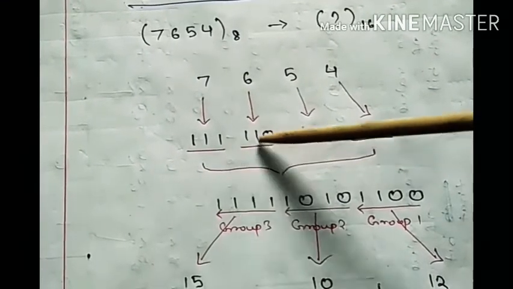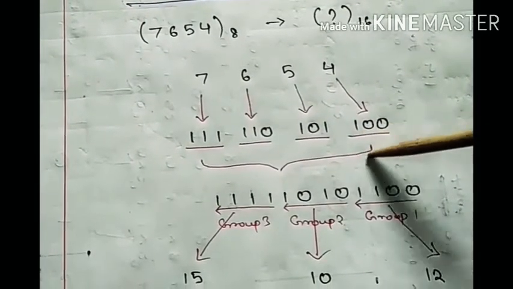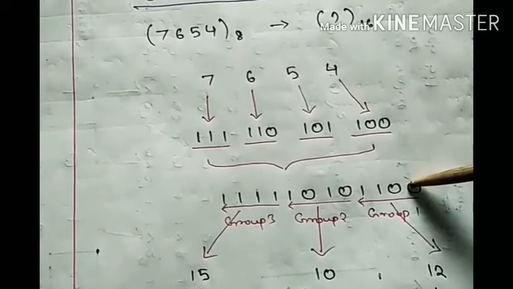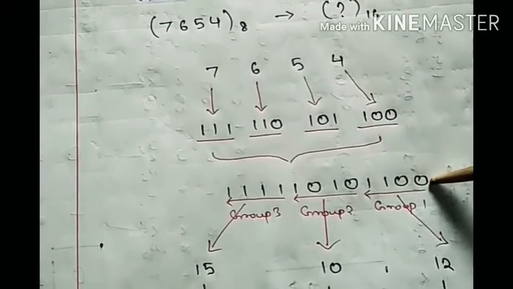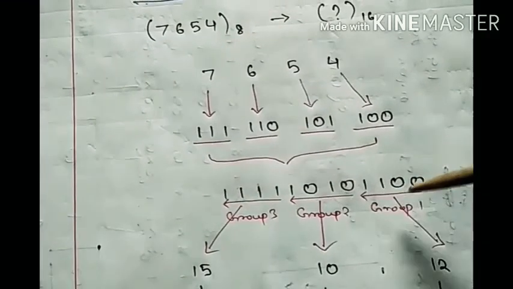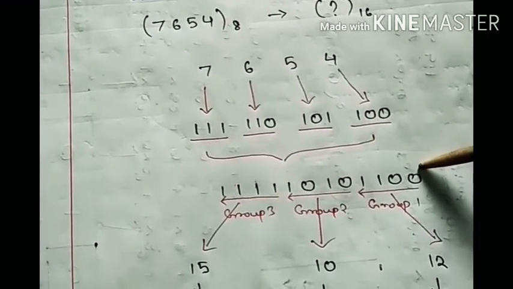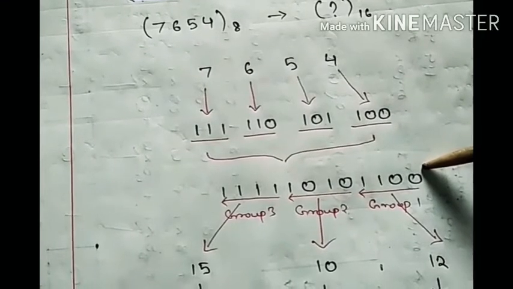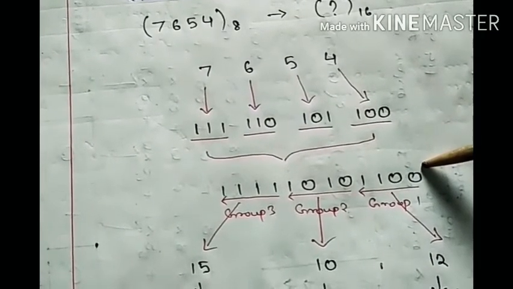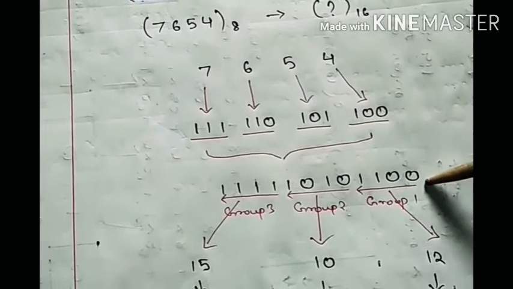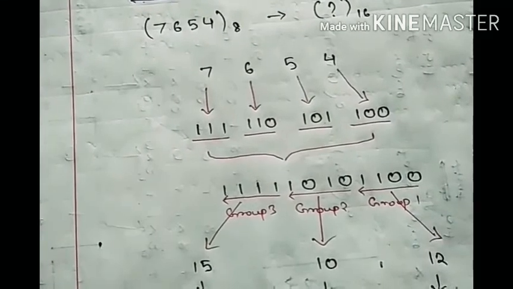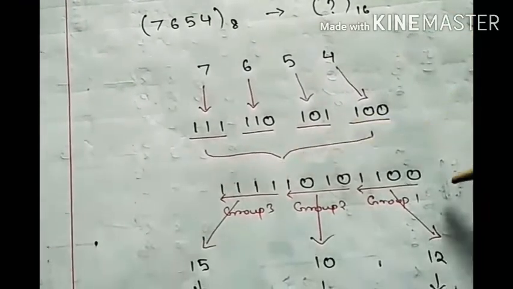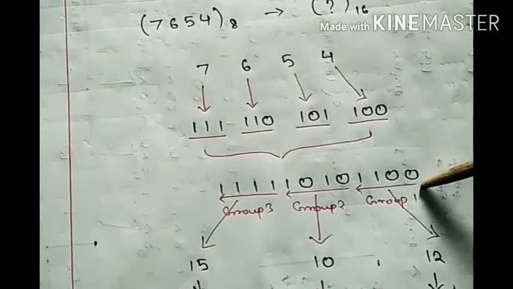Now these 4 groups are combined together to write a long binary number, that is a string of bits. Now from this binary number we can easily convert to hexadecimal using the process of binary to hexadecimal conversion, where we group the binary number in 4-bit groups.